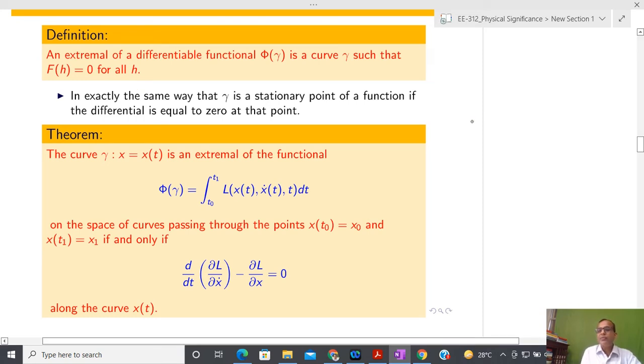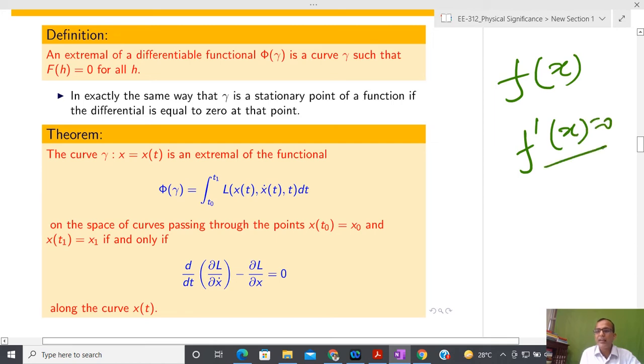What we found is that in a finite dimensional optimization problem, if I have some kind of function, then in order to calculate maxima and minima, a maxima, minima or stationary point exists if f dash x equals 0. A similar thing I am telling here: if an extremal of some functional comes into the picture, at that time the differential or variation equals 0. Fh is the variation, because the differential is called the variation, so the variation is equal to 0.